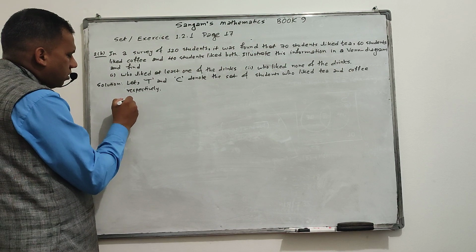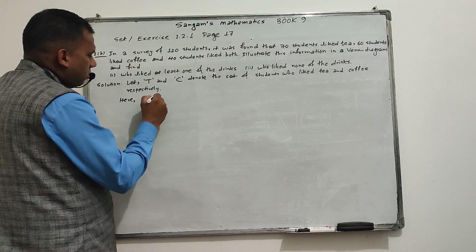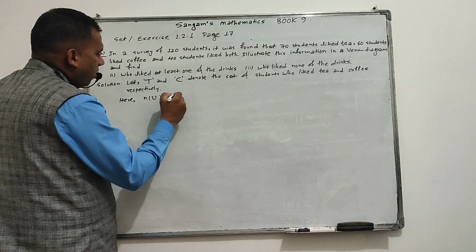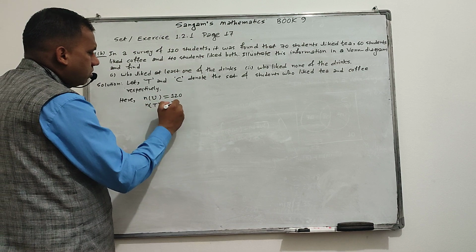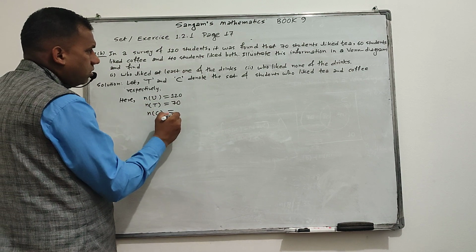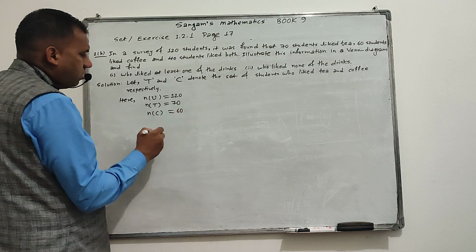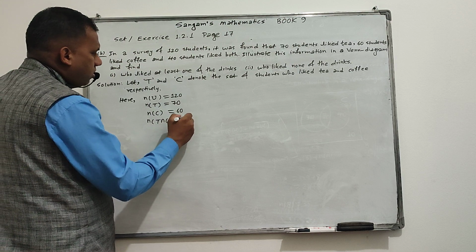Here, n(U) = 120, n(T) = 70, n(C) = 60, n(T ∩ C) = 40.